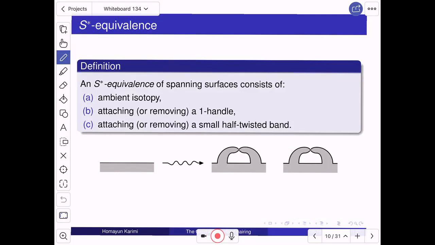The second one is attaching or removing a one handle. By one handle, I mean something like this. And the last move is attaching or removing a half-twisted band as depicted in this picture. So if you can go from one surface to the other by a sequence of these moves, they are called SSR equivalent.